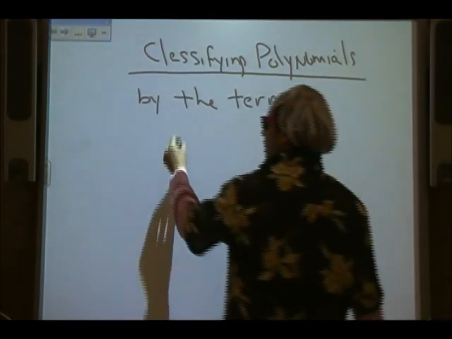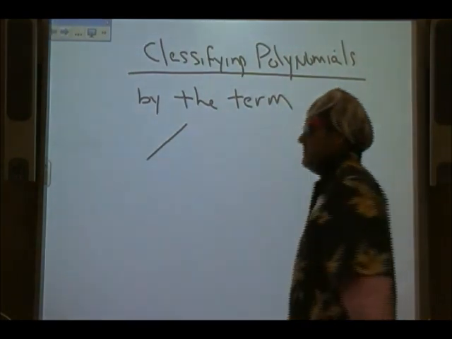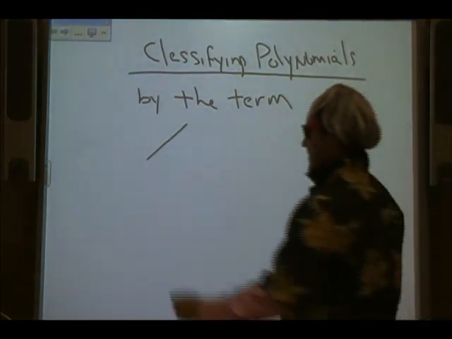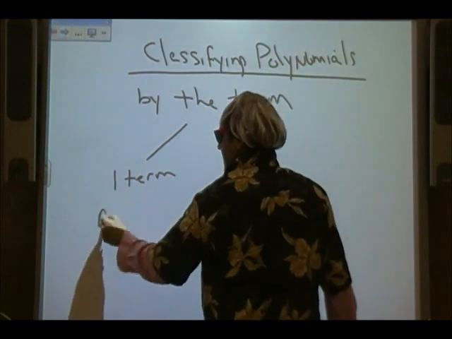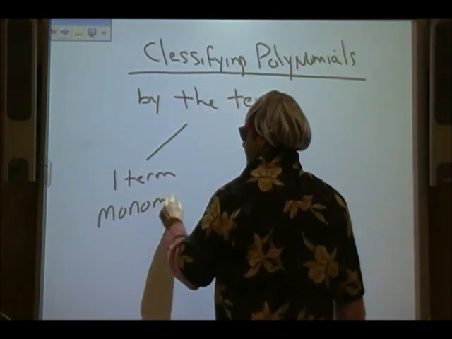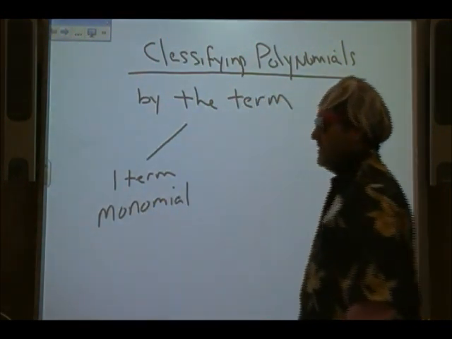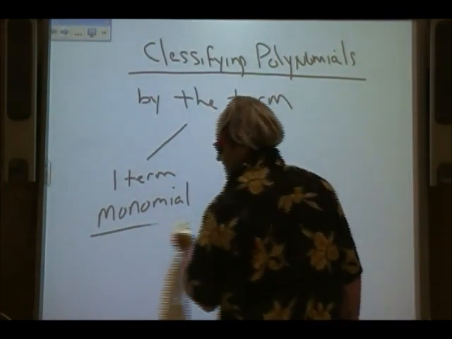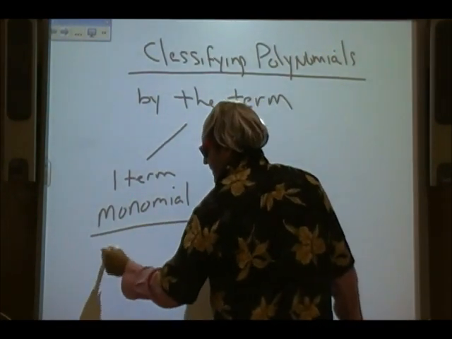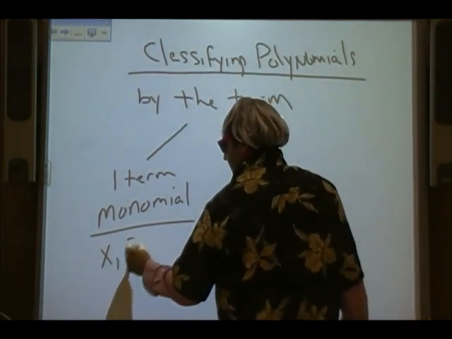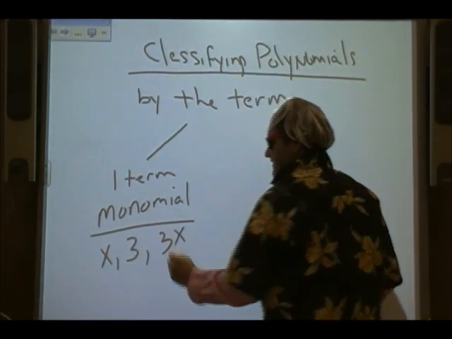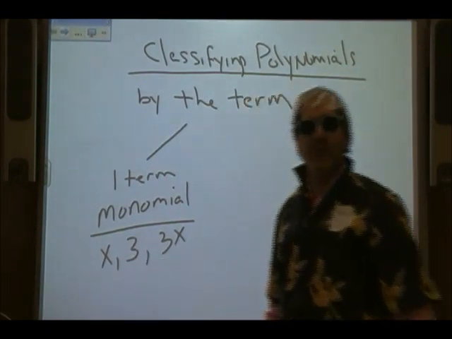If you just have one term, it's called a monomial. So, a monomial will just be one term. It could be x, that's a monomial. It could be 3, it could be 3x. Each one of these is a monomial.